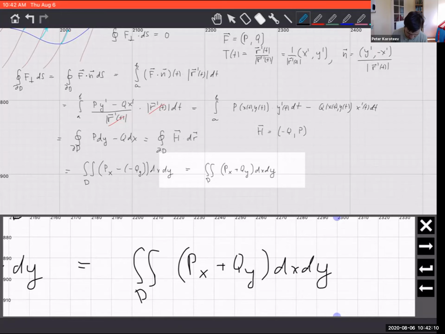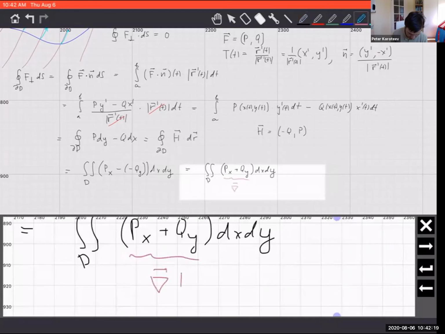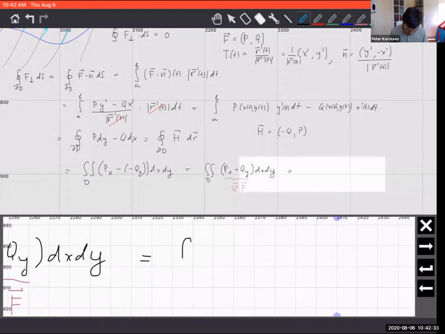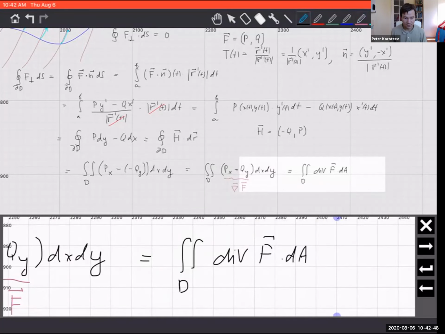What stands inside the integrand is the divergence of f, the dot product of the gradient with the vector field f. So the integral of the divergence of f dA. Here dA is a scalar dA.